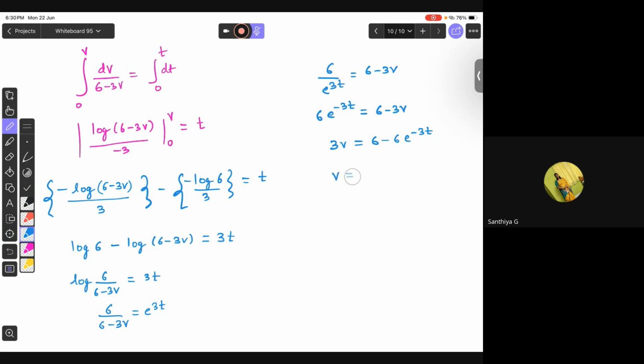So v equals 6 by 3, which is 2, into 1 minus e to the power minus 3t.